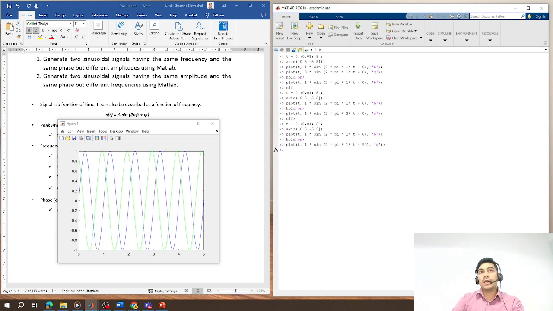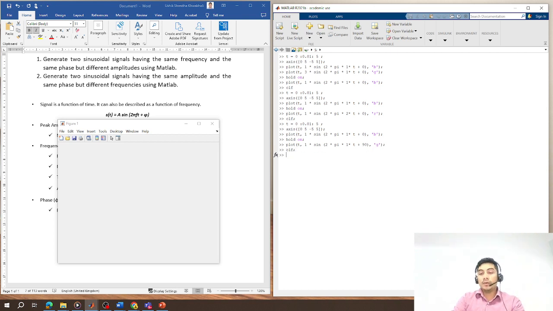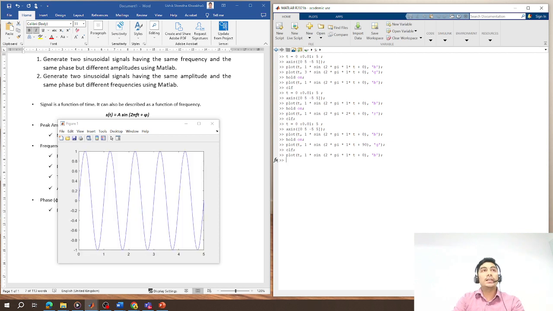Now, if we want to look at the combination of all of these, let's say we generate a signal like this, and then we do the hold on, and then we generate a different signal having a different amplitude. Let's say its amplitude is 3, and then 2 pi f, let's say the frequency is 2, and then it has the phase of, let's say, pi by 4, right?